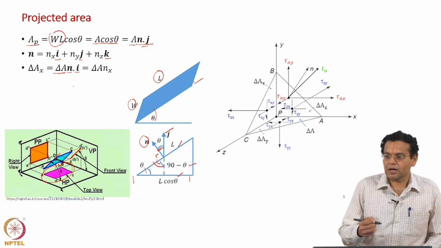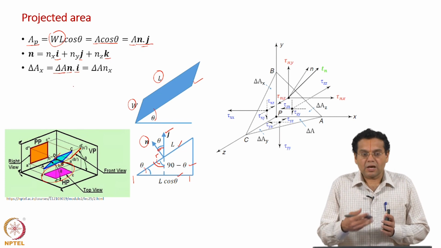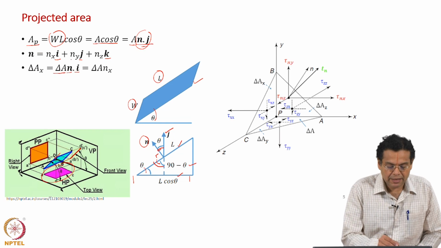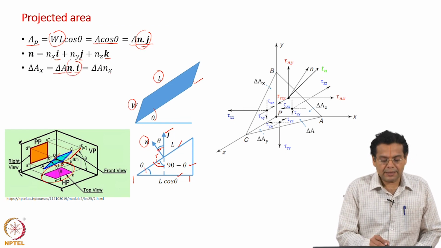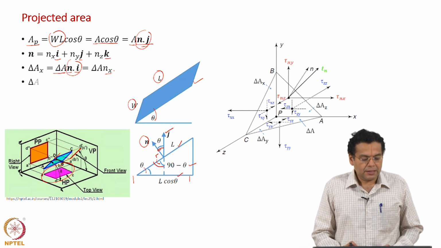N is the normal to the plane. The plane on which I am projecting is the x plane, and the normal to that plane is the i vector. So instead of n dot j we have n dot i here, which is nothing but nx, the x component of the unit normal vector.